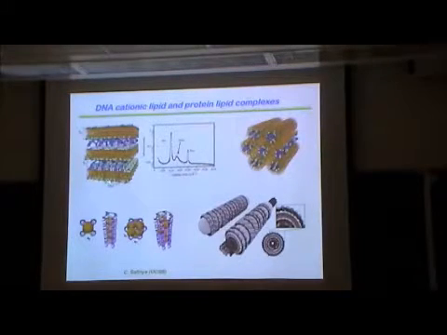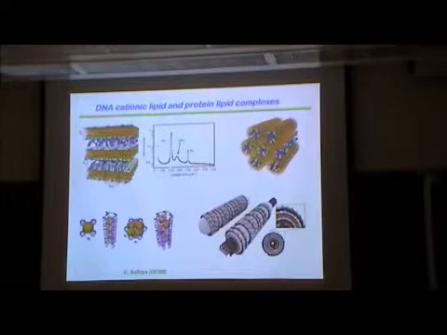Cyrus, in X-ray scattering experiments, discovered phases where you have lamellar reflections in the X-ray diffraction intensity versus wave vector, coming from the lipid bilayers, but then there's another X-ray reflection in the situation where you have DNA mixed in, and that's coming from the intercalated DNA.